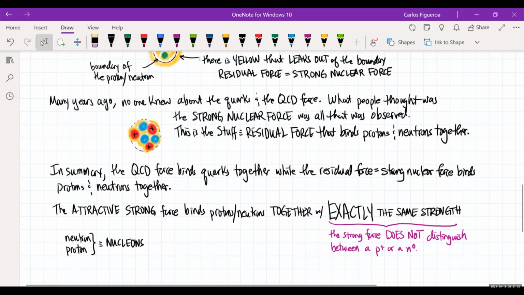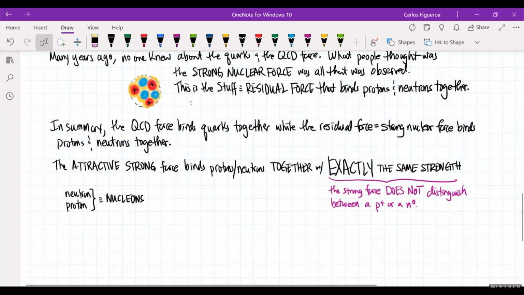So if they're treated exactly the same, here's what we find. We have protons and neutrons. So we have a proton here, and let's say another proton here. So I have two protons, and then I have a neutron.